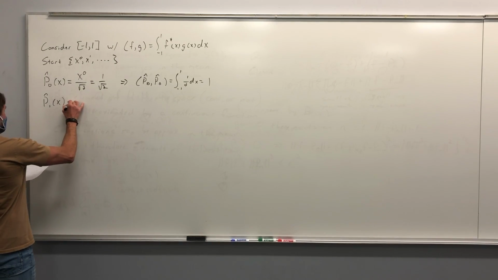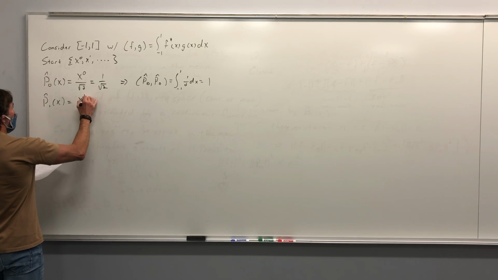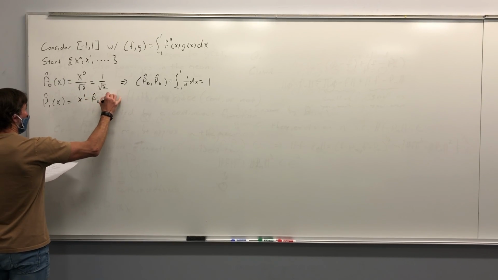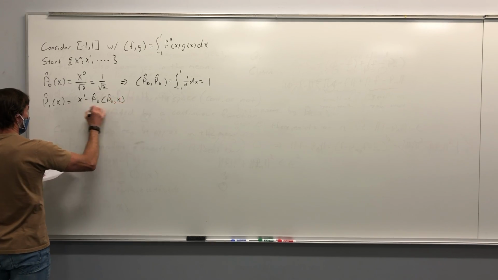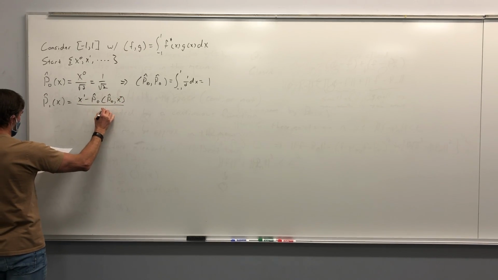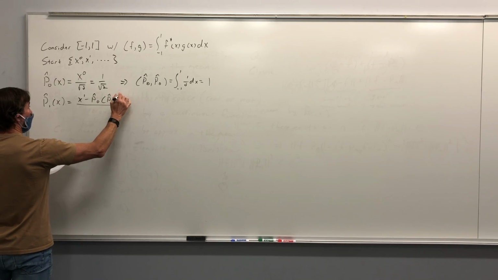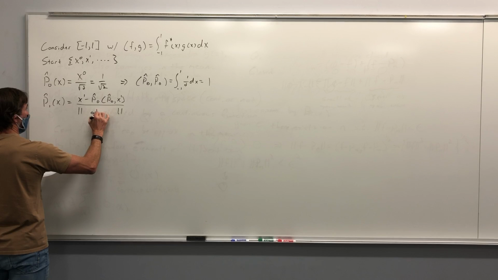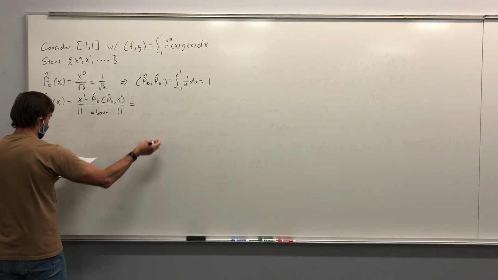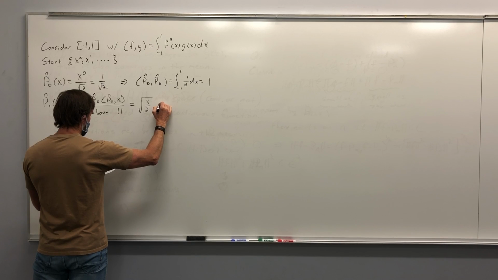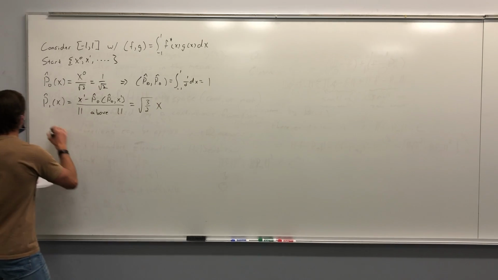So P1 hat of x. You guys know how to do this, but I'll just write up one example. I'm sorry, x^1. And this comes out to be root 3 over 2 times x.